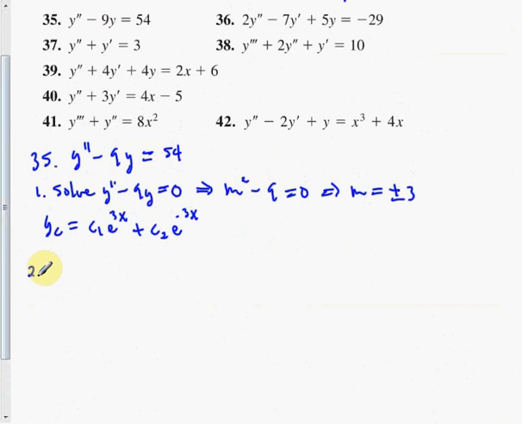Step number 2. What we're going to do for step number 2 is this. Let me write it out. We're going to write y double prime minus 9y equal to 54 using differential operators.